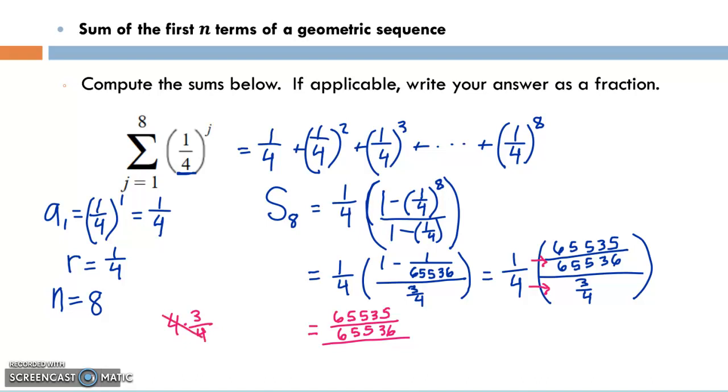Well, the 4's make a 1, so it's just 3 in the denominator. Now, after some further simplifying, we will get 21,845 divided by 65,536. And that is the total sum of the first 8 terms in the sequence.